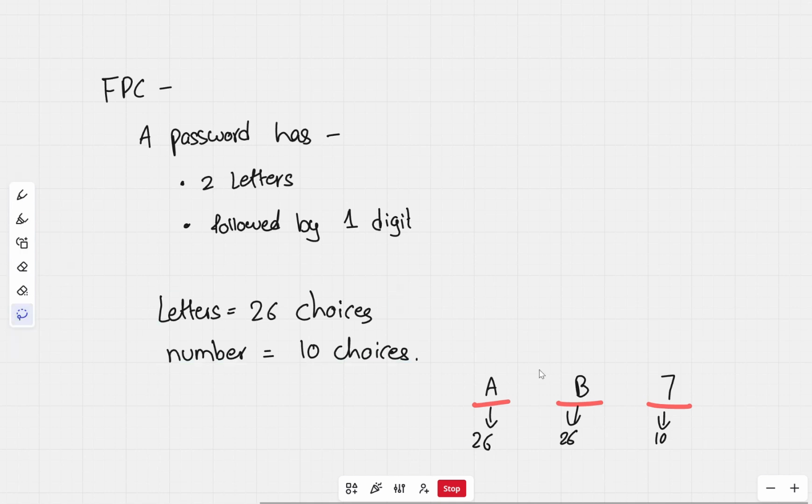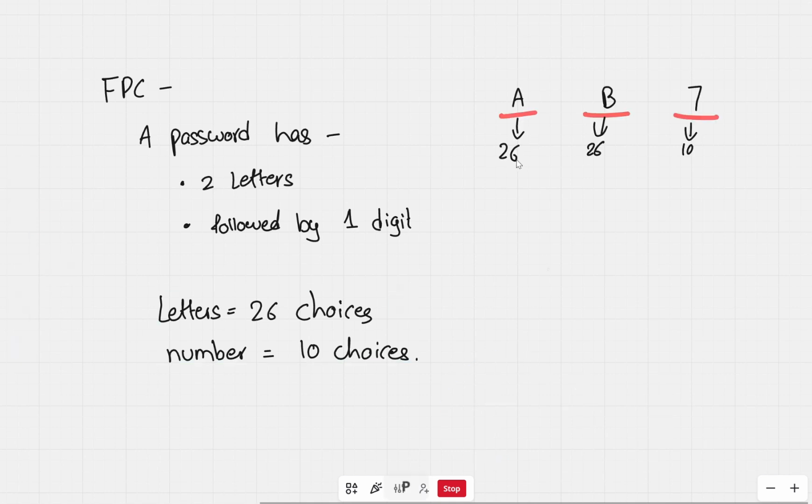Alright. So now using FPC, we know the number of ways to do something is m into n into p, because there are 3 places here, 3 options here. So it is basically 26 into 26 into 10. So this is the total number of passwords we can make from these conditions.